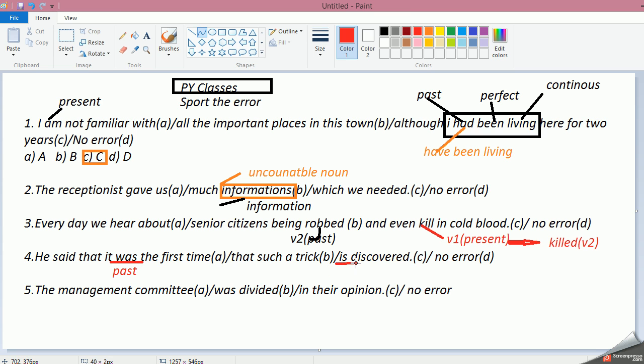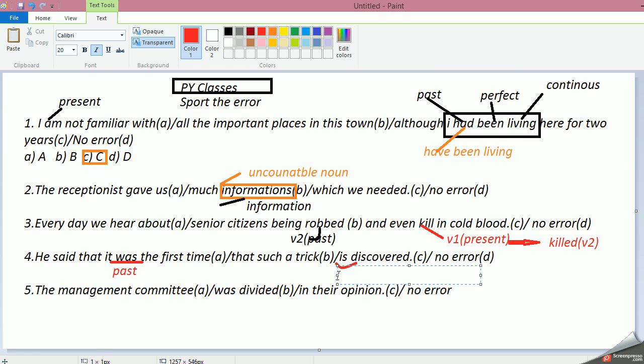So that is the point of error here. This is not correct.